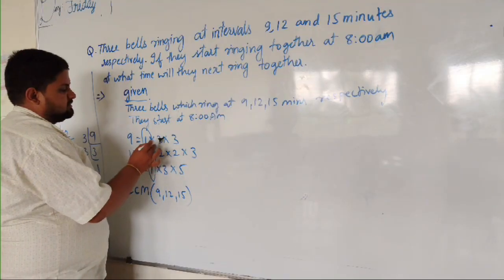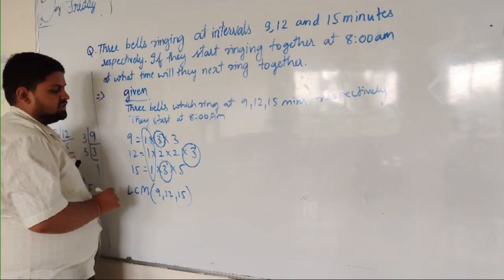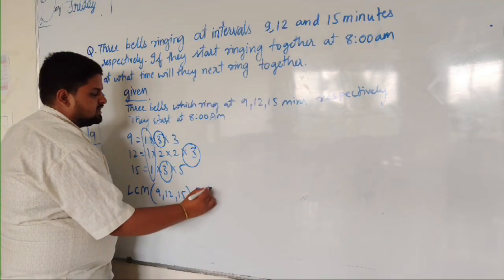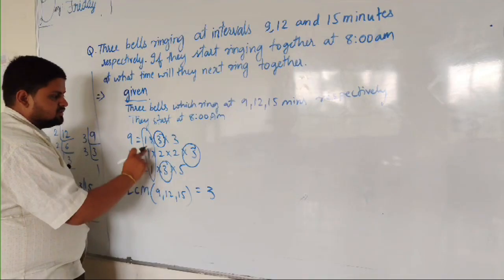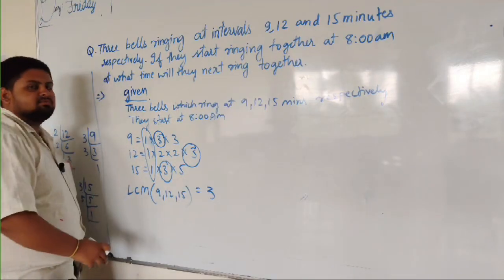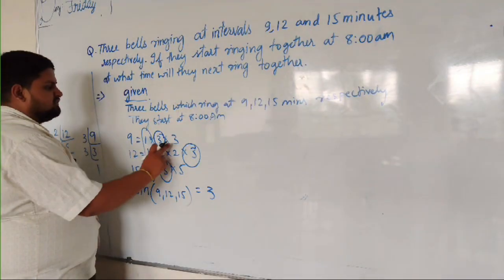Now coming to the next numbers, here we have a 3, here we have a 3. That means 3 is common in all three. Instead of writing all the 3s, we'll write 3 only once because 3 is common in all three.